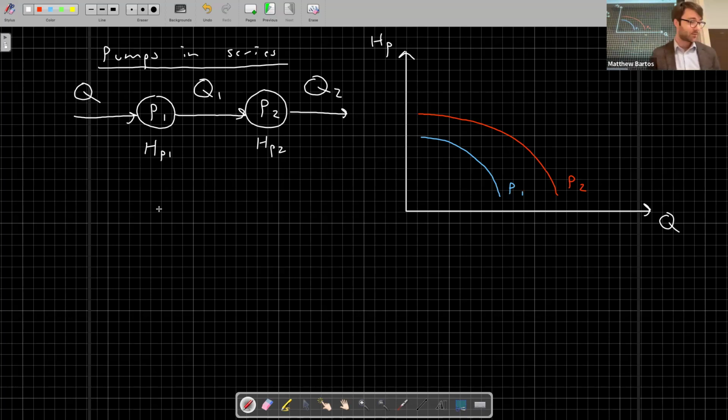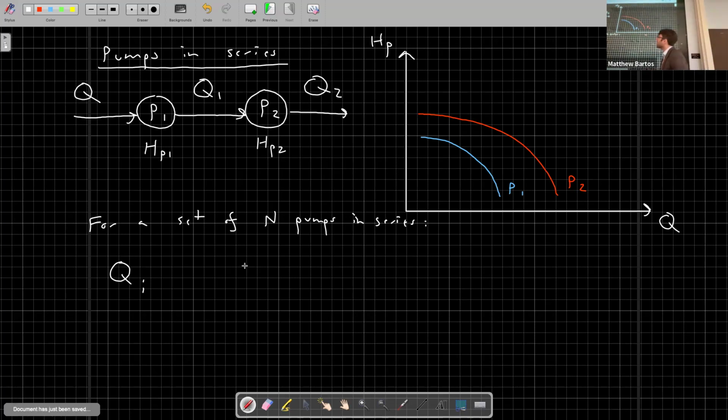So let's talk about how we can construct an equivalent pump curve that acts like these two pumps in series. So for a set of N, as in November, pumps in series, let's say we have the flow rate through one of these pumps.